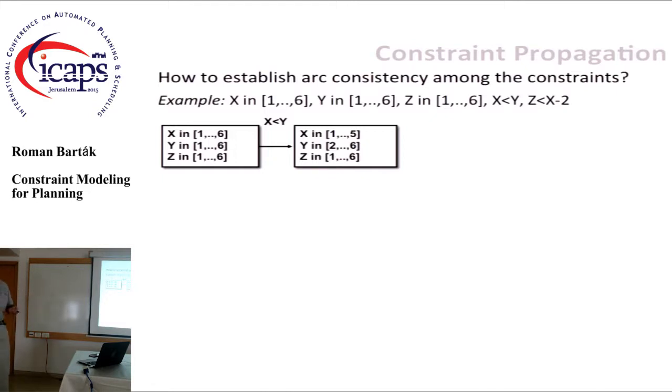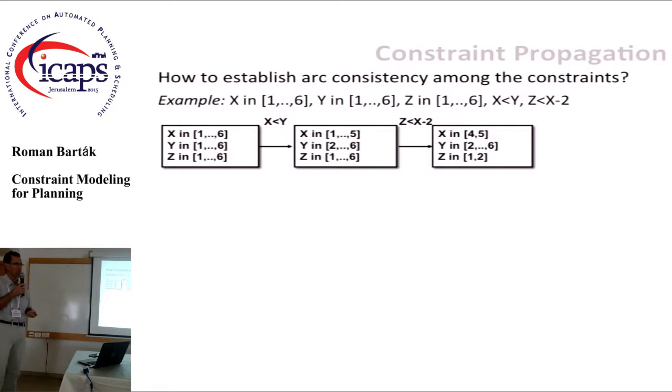So now we go to the other constraint, z is smaller than x minus 2, and we make this constraint consistent, which changes the domains of variables z and x, as you can see. So z is now 1, 2, because the maximum value of x is 5, minus 2 is 3, and z should be smaller than 3, so only 1, 2 is satisfying. And similarly, we propagate the information from z to x.